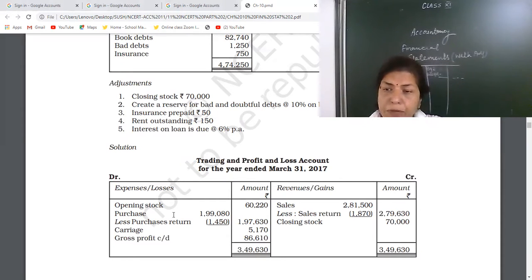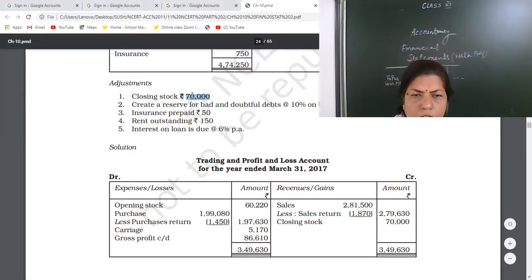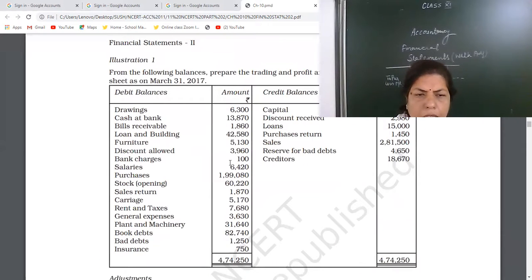See, we make one format for the trading and P&L account. First of all, we should start with the opening stock 60,220. Closing stock is given here. See the closing stock, 70,000. We have to write it here. And this is opening stock, that is also given in the question. Everything is given in the question, we only have to put them at the right place.